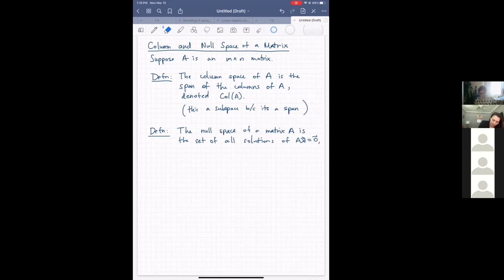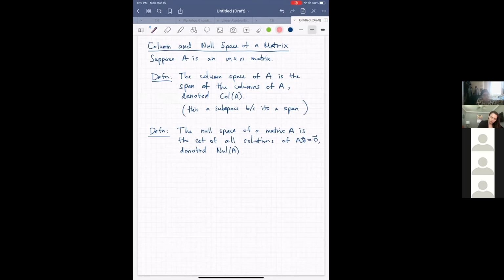And this space is denoted Nul(A), N-U-L of A, like that. Okay, so it's a set of all solutions. It's not immediately obvious that this is a subspace, right? It's not definitely equal to the span of vectors. So let's just double check that this is a subspace.